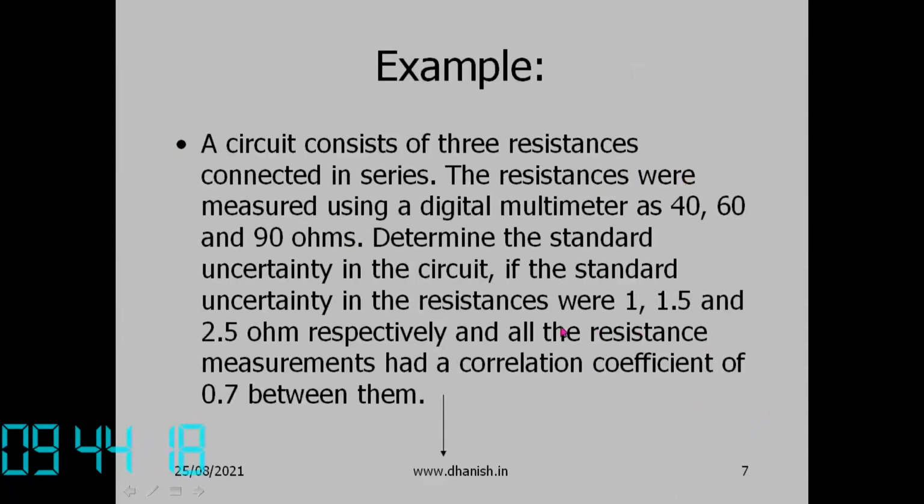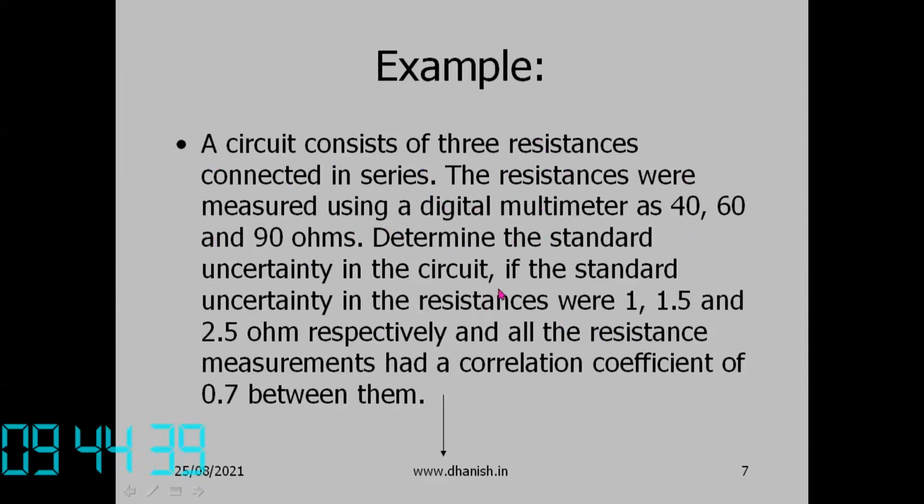Okay, so now one more problem where there are three variables. The circuit consists of three resistances connected in series. The resistances were measured using a digital multimeter as 40, 60 and 90 ohms.